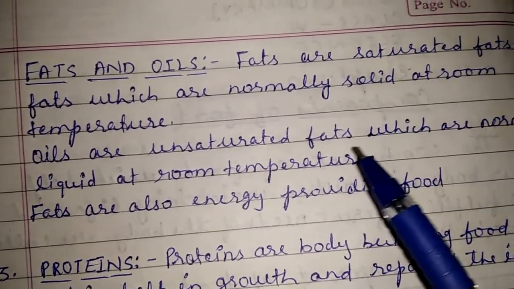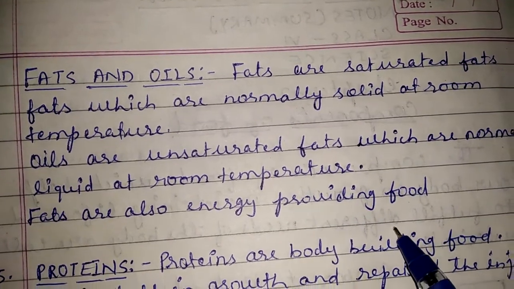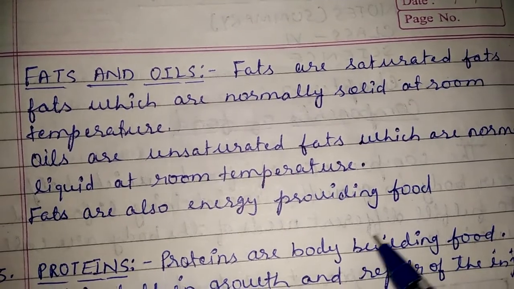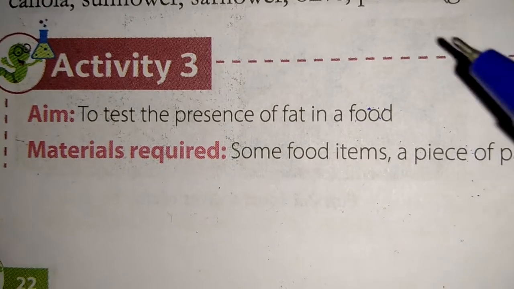Edible oil comes from the seeds of mustard, sunflower, olive and peanut.